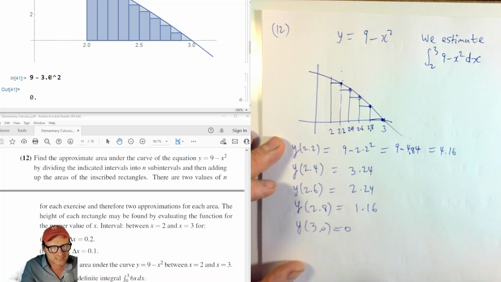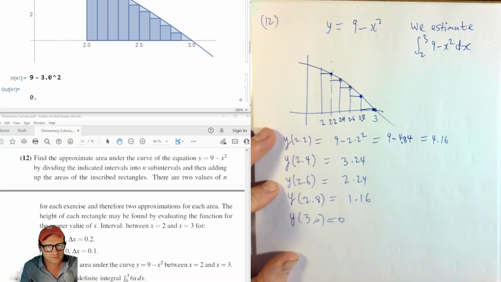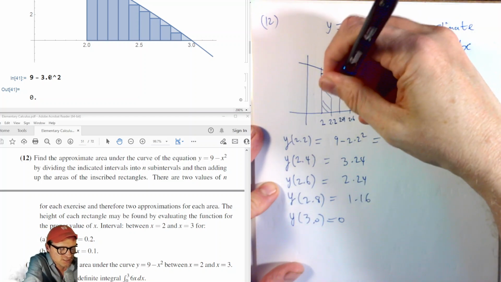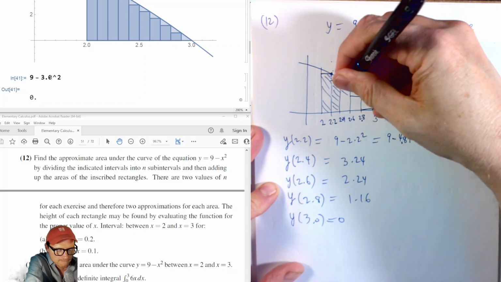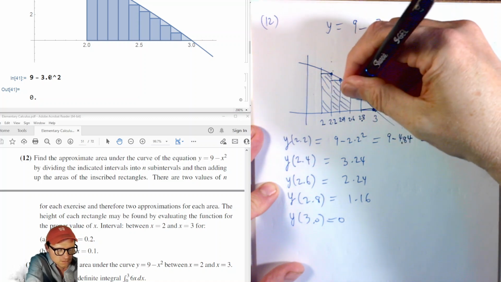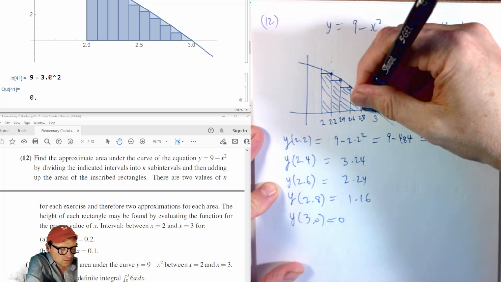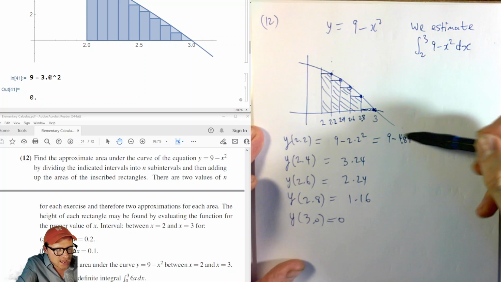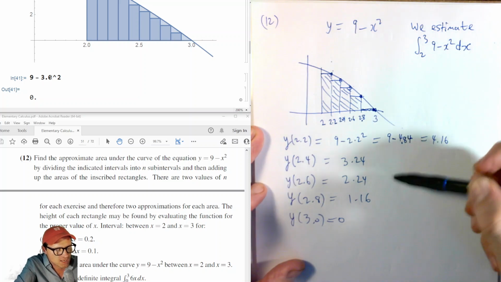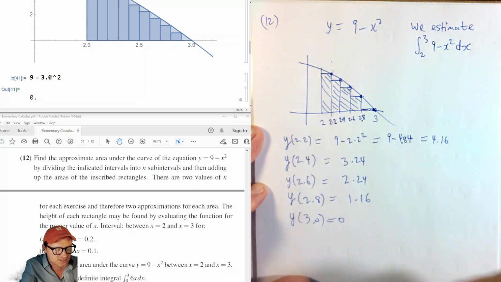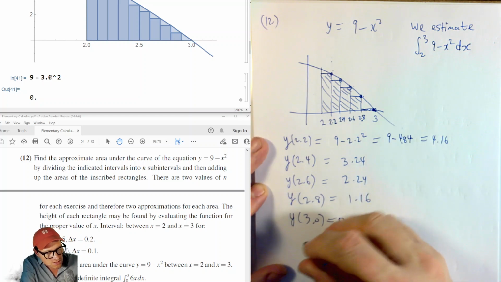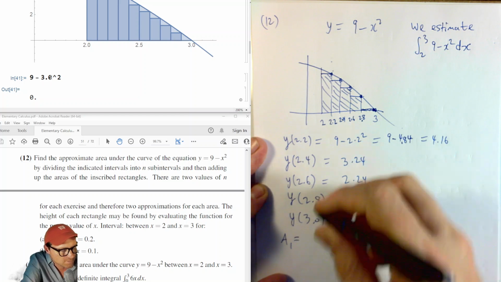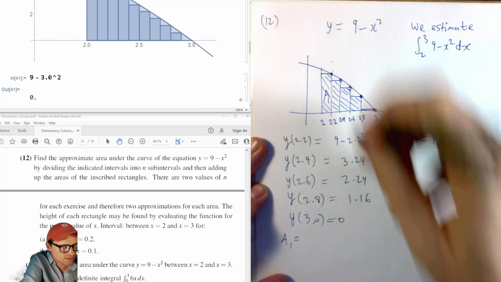Okay, so now completing the calculation of the area, which is this shaded region that I'm shading right now. And then there's nothing to shade there at the bottom. So we need to add these up, multiplied by the width, which is 0.2. All right, so the first area, A1, which will be this one here.